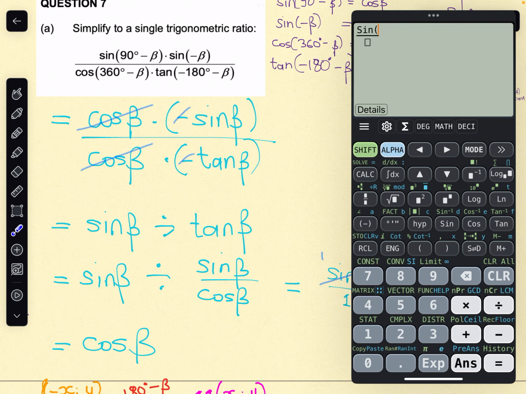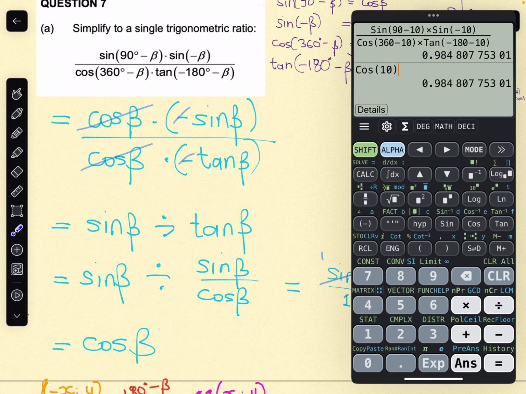If I say sine of 90 minus 10 times sine of negative 10 divided by cos of 360 minus 10 times tan of negative 180 minus 10, that gives me some answer, 0.984 and so on. That should be the same as cos of 10. And indeed I do get the same answer. So that gives me some confidence that I seem to have simplified it right.